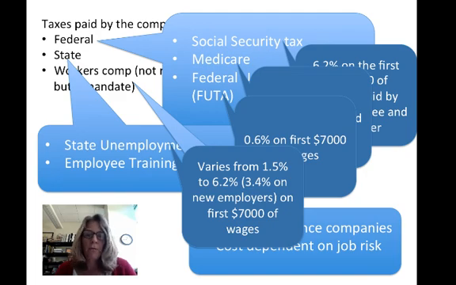For new employers, who start out without any record, it's 3.4%. So often we use the 3.4% because we don't know the rates, especially in estimates. But if you work for a particular employer, you can ask them what their unemployment rate is. And again, it's limited to the first $7,000 of wages. If a person makes more than $7,000, it's only taxed on the $7,000.